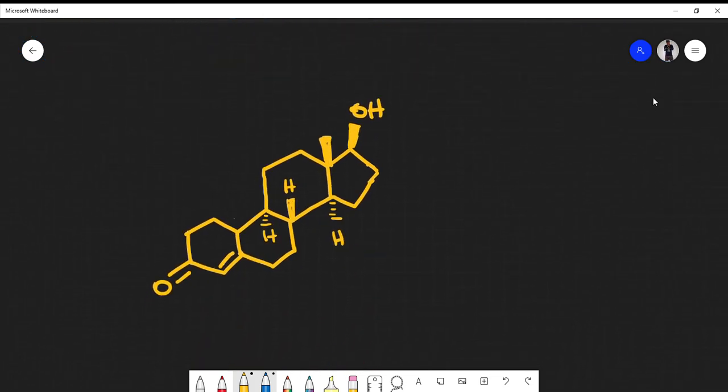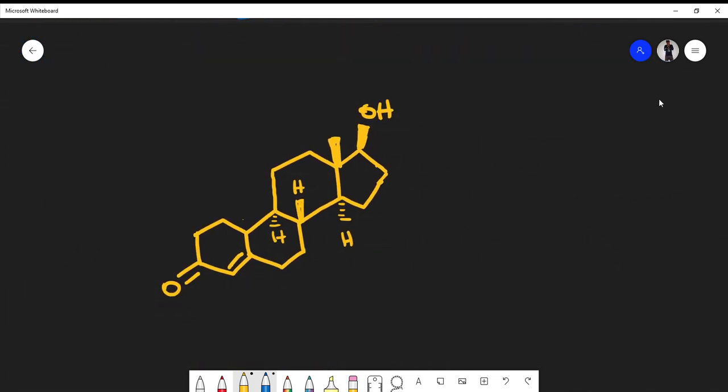Let's look at this one. This is testosterone, the male sex hormone. What functional groups can you identify? Well, we just see that we have an OH by itself, and that is what we call an alcohol, or in other words, hydroxyl functional group.